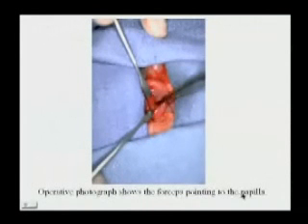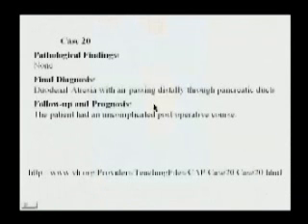So this shows the forceps pointing into the membrane there. So the pathological findings were none. The final diagnosis was duodenal atresia with air passing distally through the pancreatic ducts. So we had our two pancreatic ducts, one above and one below the point of atresia.